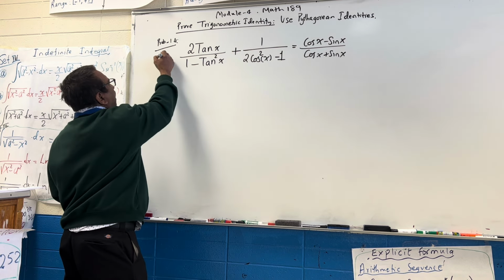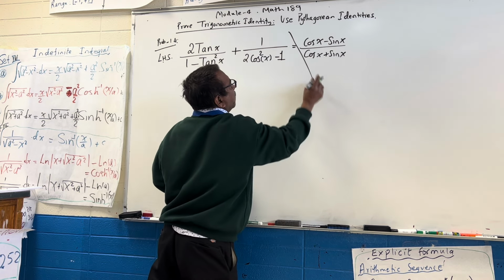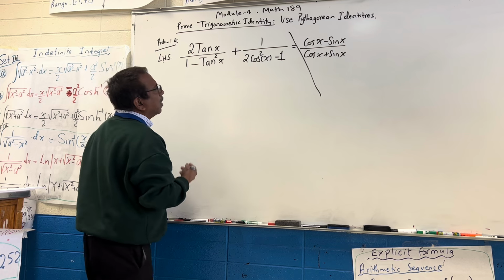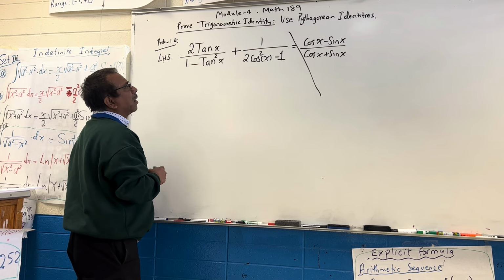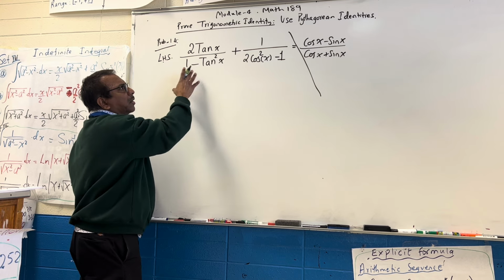Begin with the left, so I'll call this the left hand side, and we need to prove that it's cosine minus sine x and cosine plus sine x. So the best thing is, because we are using Pythagorean identities, we are not using double angle formulas.